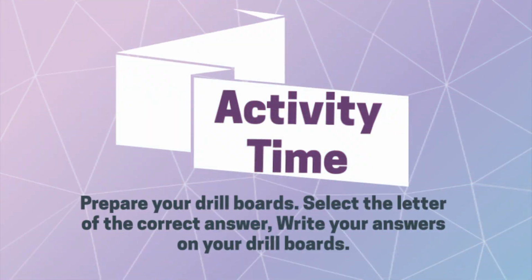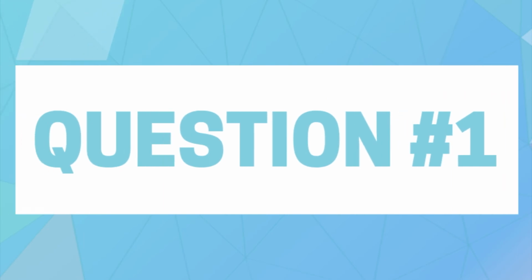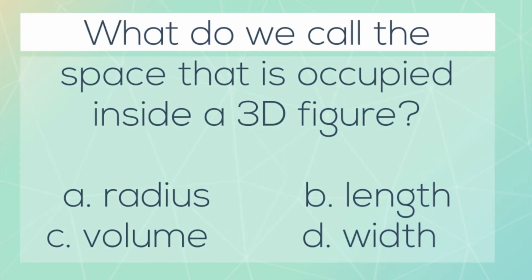Activity time. Prepare your drill boards, select the letter of the correct answer, write your answers on your drill boards. Are you ready? Let's start. Question number 1. What do we call the space that is occupied inside a 3D figure?